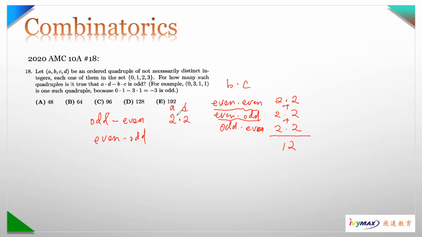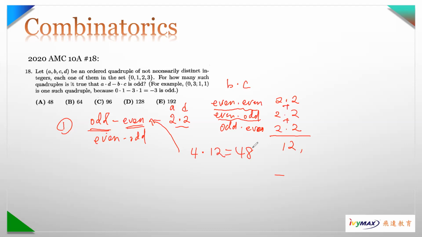Okay, and then for the first situation, odd, I have 4 different ways to select it. And for the second, even, I have 12 ways to select it. So this is actually a step-by-step case, so I need to do multiplication. That gives you 48.